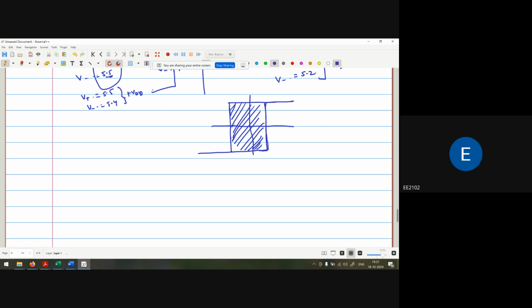This is the case where minus VDD voltage is obtained. This is the case where plus VDD voltage is obtained.